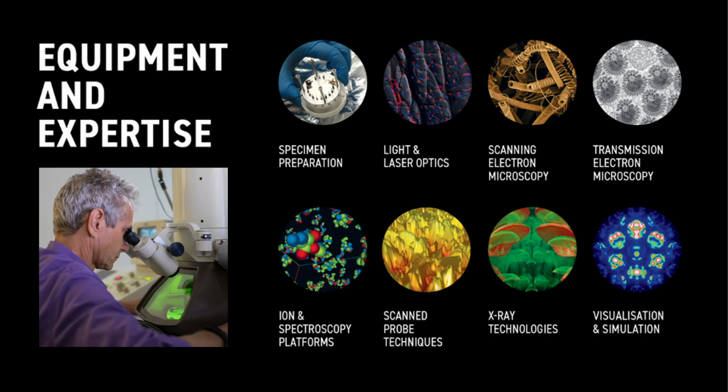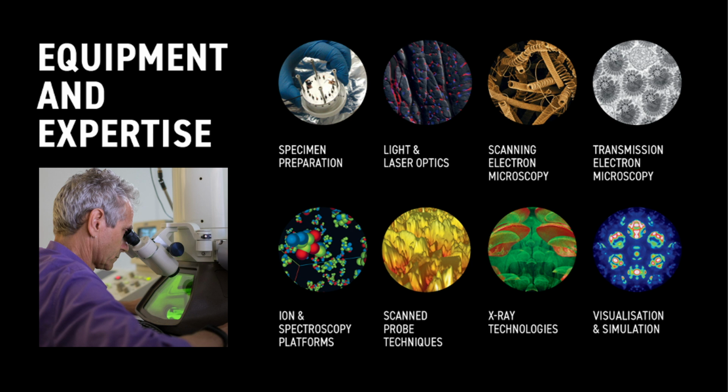So at these facilities around the country, we provide instruments and expertise across a wide range of technique groups. These are very high-level descriptions of what we offer, and within each of these are huge ranges of techniques, as I'm sure many of you will be well aware. So this is the kind of breadth we have.